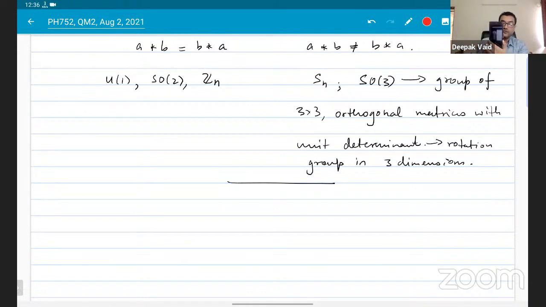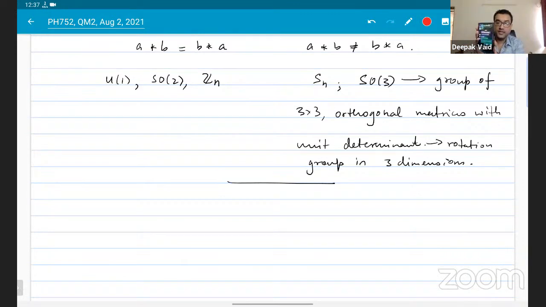Let's say I apply a rotation to this cell phone around the vertical axis, and then I apply a rotation to it around the horizontal axis. So I get this upside down screen.